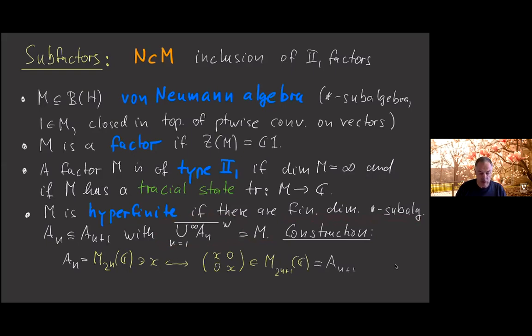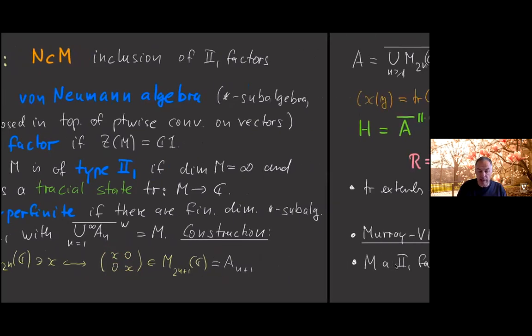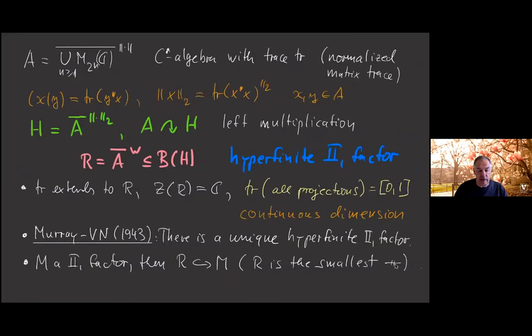So how would you construct one? Well, let's take the A_n to be the 2^n by 2^n matrices and embed them into the 2^(n+1) by 2^(n+1) matrices diagonally twice, right? You take a matrix and you embed it into the next bigger algebra twice diagonally. Then you go ahead and take the union of all of these algebras.